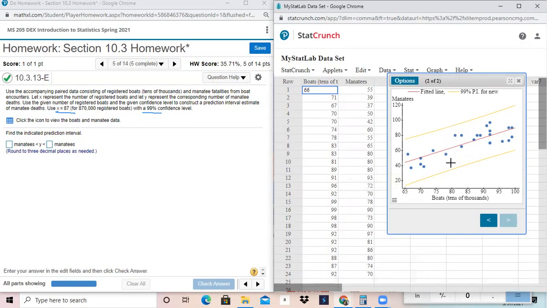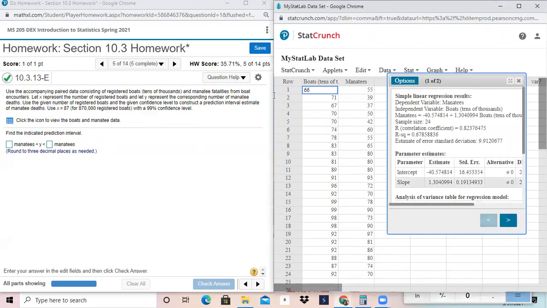So we expect 99% of the numbers of manatees killed for a particular X to fall in between these. Since we're looking at 87, which would be about here, our prediction interval is going to be from here to here.